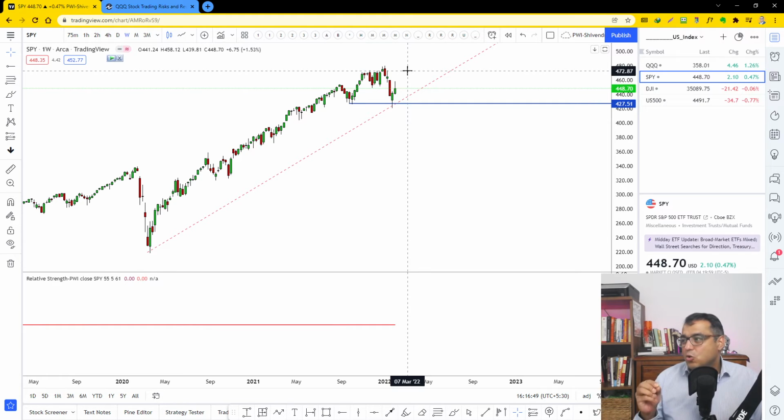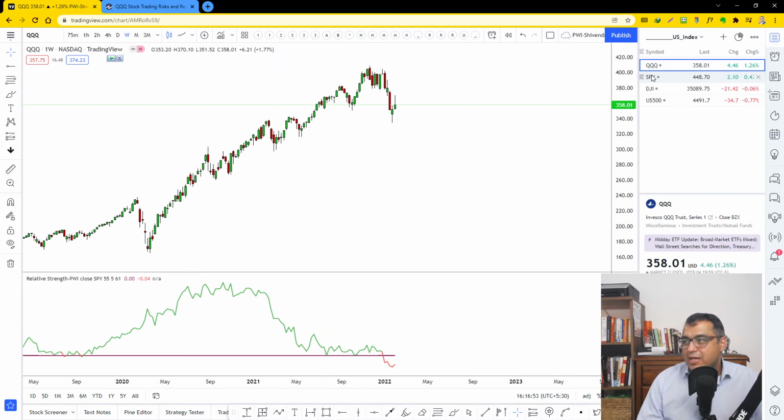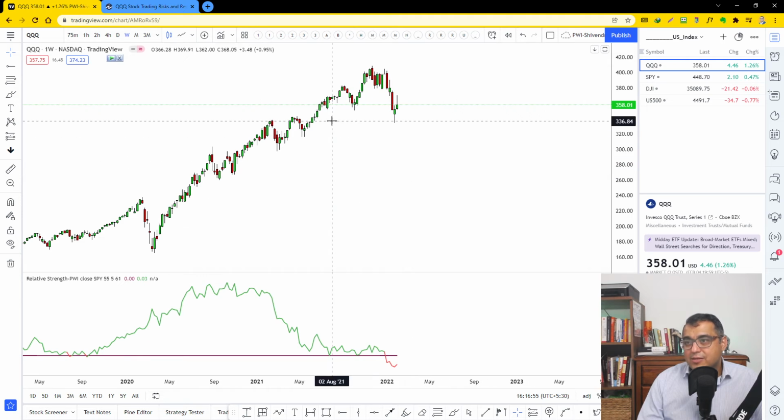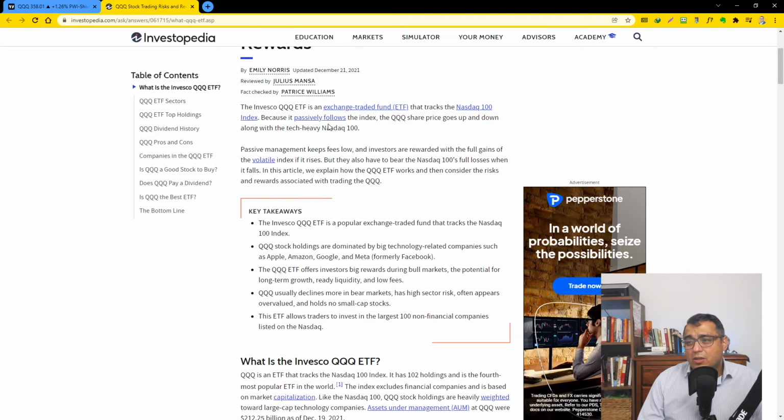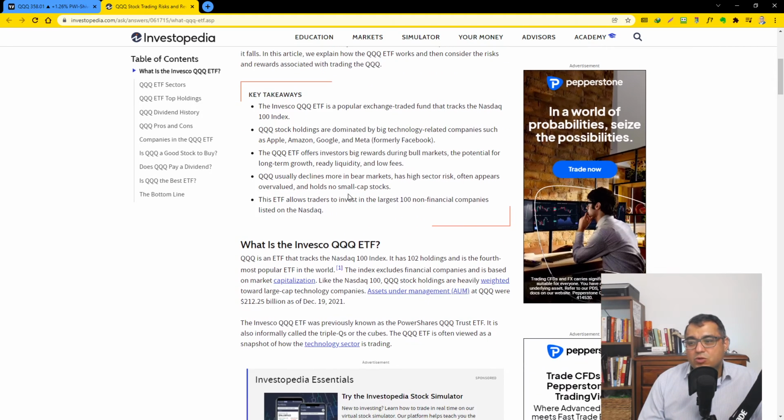Okay, so the last one I want to cover is triple Q. As you know, triple Q is nothing but an exchange traded fund which covers the Nasdaq 100. As you can see here, it's the Nasdaq 100 index, which most people invest in passively, and it covers all the top stocks.